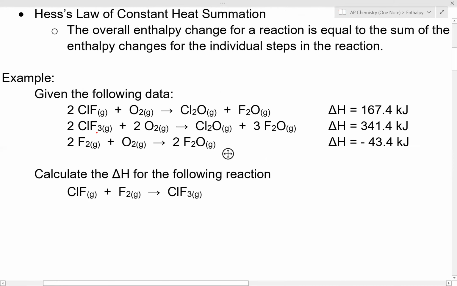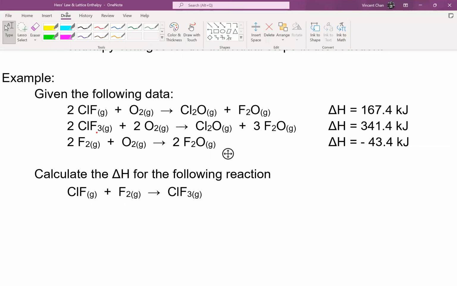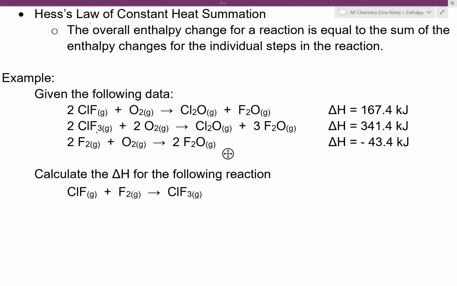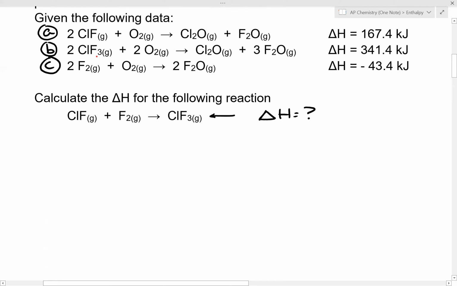Let's say we are given 3 individual equations. I'm going to call them A, B, and C. Those 3 equations join together to form this overall equation. To find the delta H, we use a combination of these 3 individual steps.